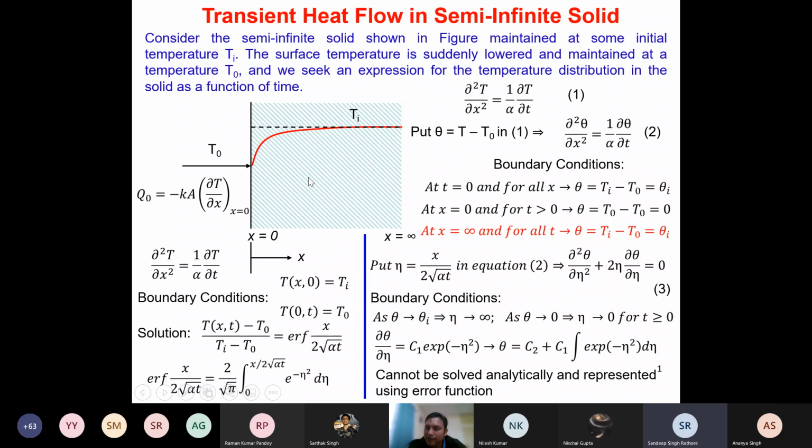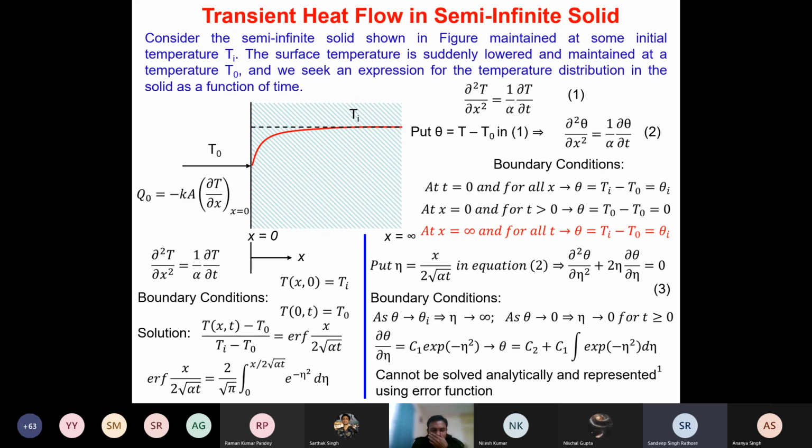So whenever we want the rate of heat flow, we first find the heat flux at that location, and when we multiply that heat flux by area, we get the Q at that particular location.